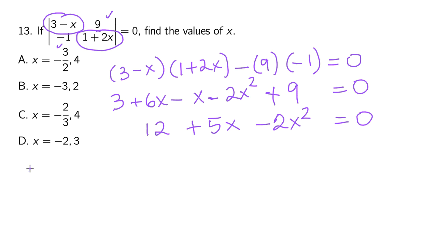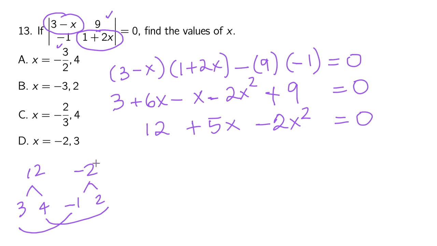We have minus 2 and 12, and we want numbers that we can combine to get 5. We can do 4 times 2, which is 8, minus 3 times 1, or plus 3 times minus 1, and that's going to give us that.